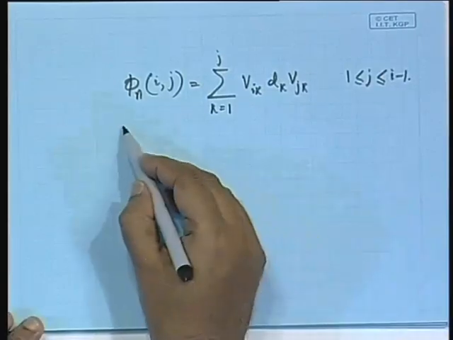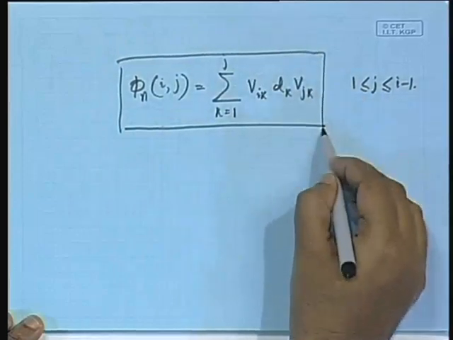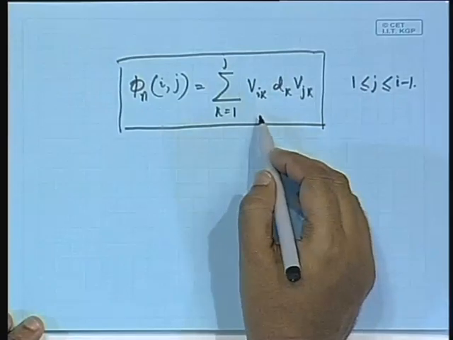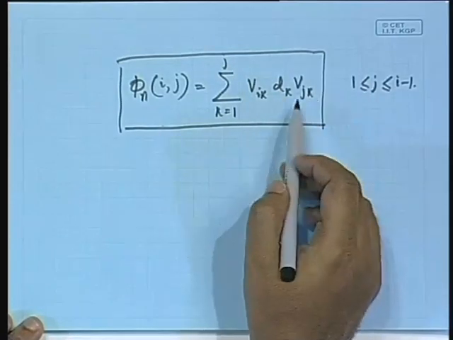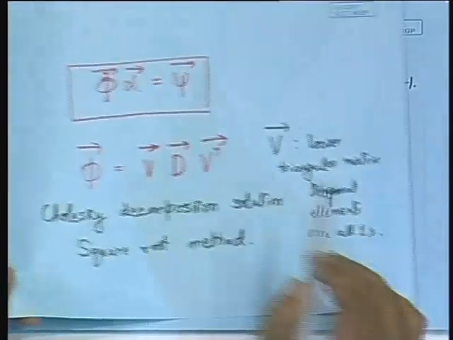So this is the ijth element of the phi matrix being equated to the corresponding part of the product matrix, that is, the V D V transpose matrix.